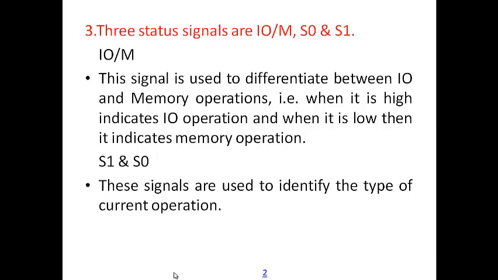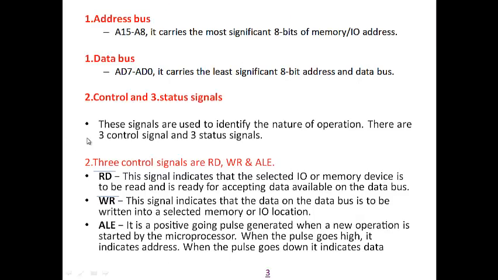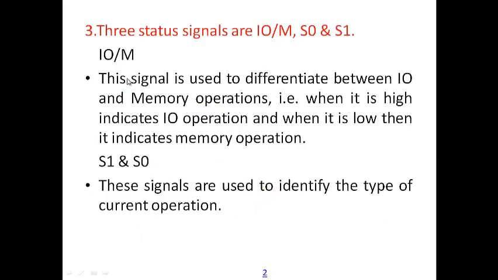Then the third group is your status signal, that is these lines, line number 33, line number 34 and line number 29. When you see this status, the first one is IO bar M, where again above M you will have a bar.